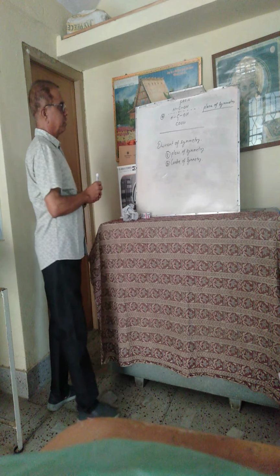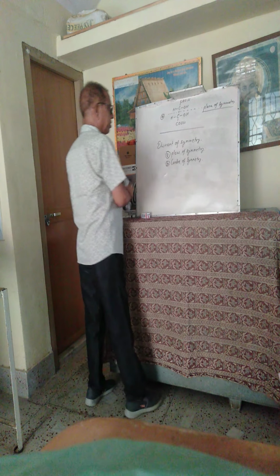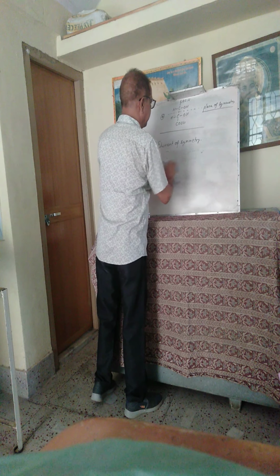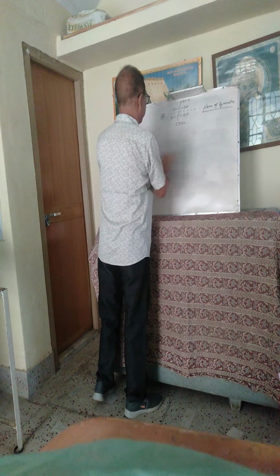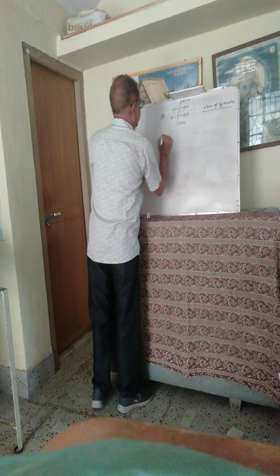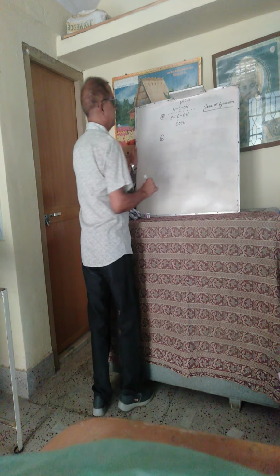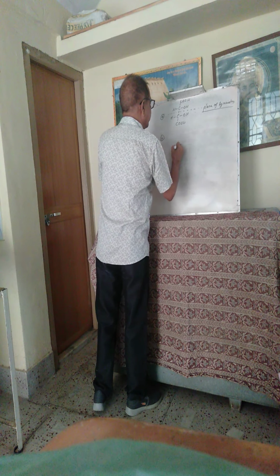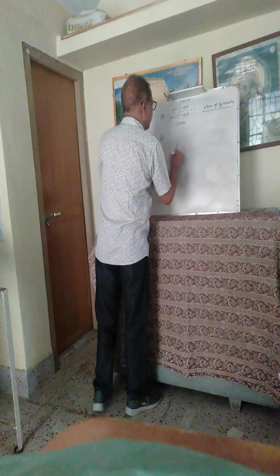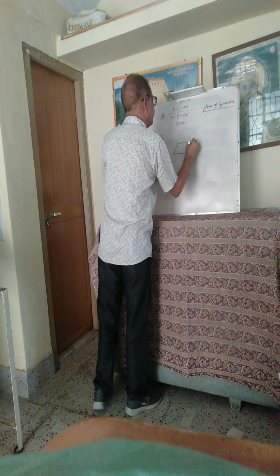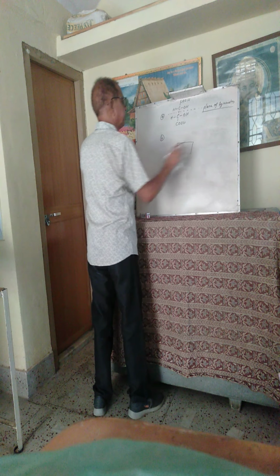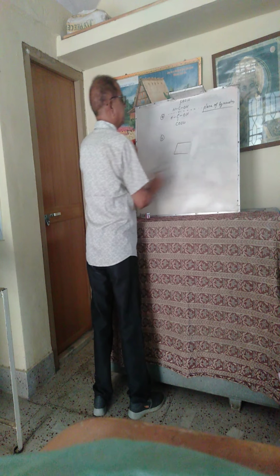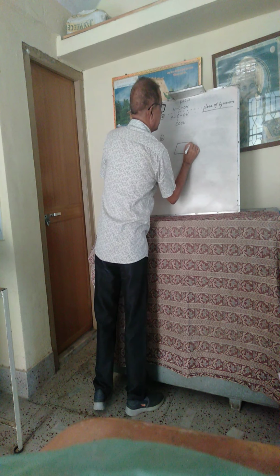Now, we will discuss center of symmetry by taking an example. What is center of symmetry? Let us take the example of this organic compound. This is 2,4-dimethylcyclobutane-1,3-dicarboxylic acid.